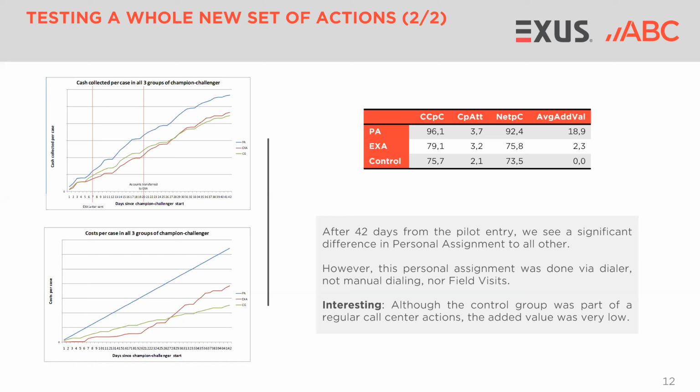But if you keep the very same productivity, as you can see, it went up by 1.5, 1.6 euros per case, but it's still pretty good productivity. And the net benefit, the added value to the control group, is almost 19 euros.